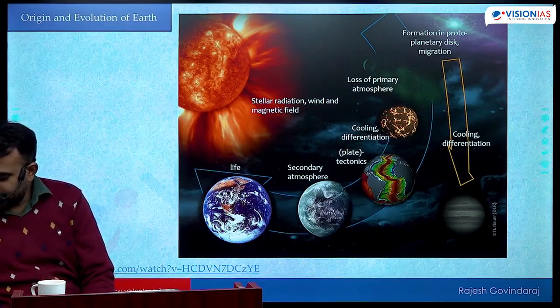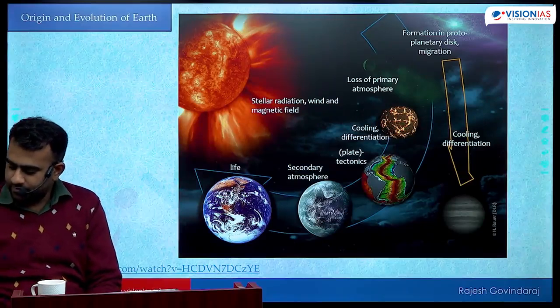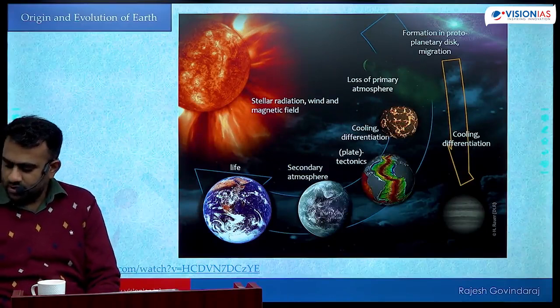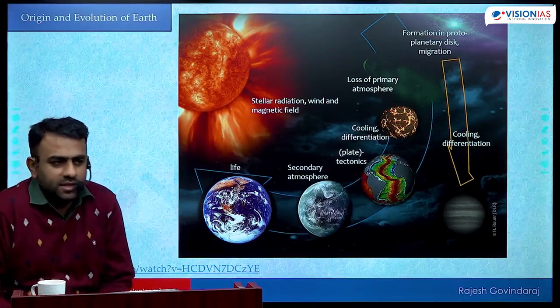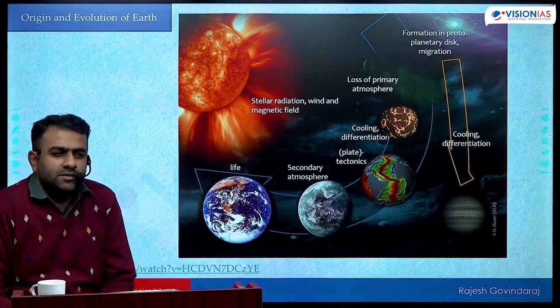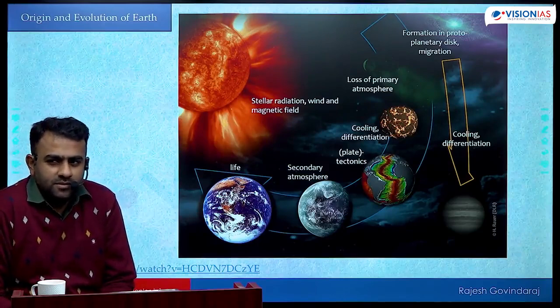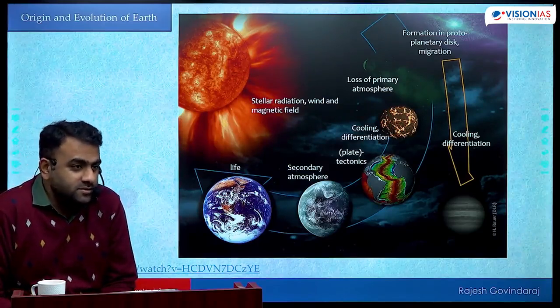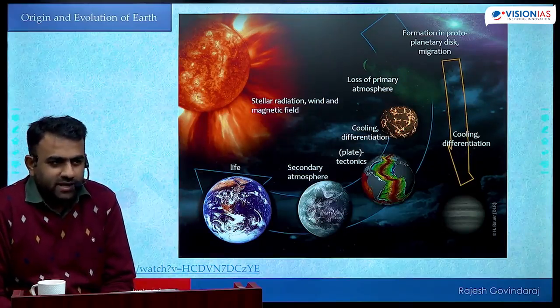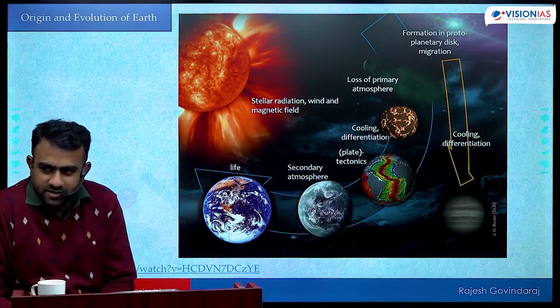Okay, so what is the age of Earth? As per the nebular hypothesis, the age of Earth is the same as the age of the solar system. Big Bang happened 13.7 billion years ago.